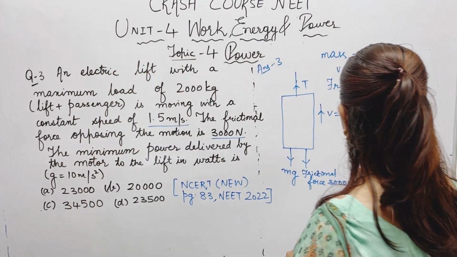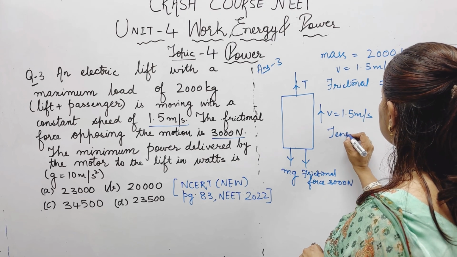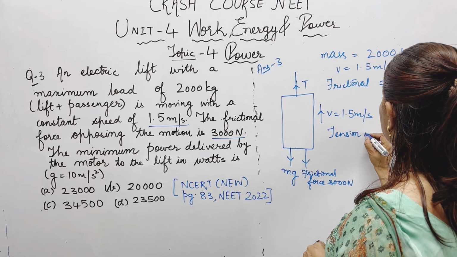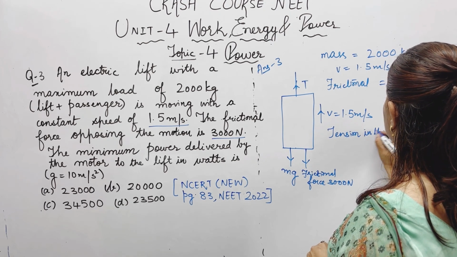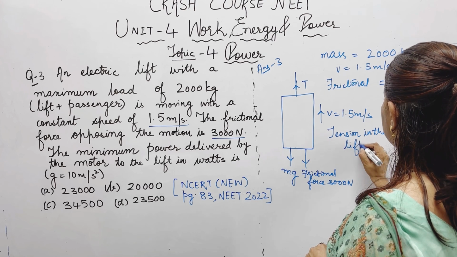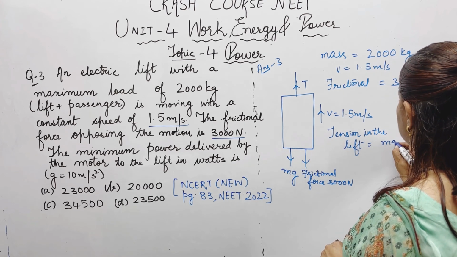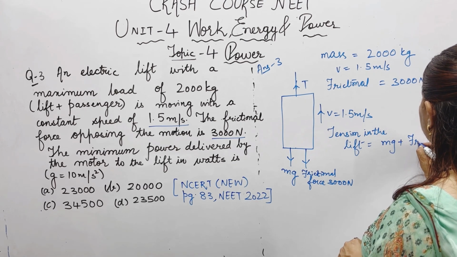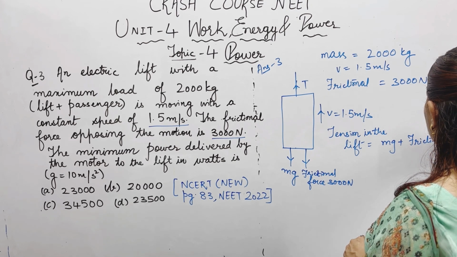So tension in the lift is equal to mg plus the frictional force.